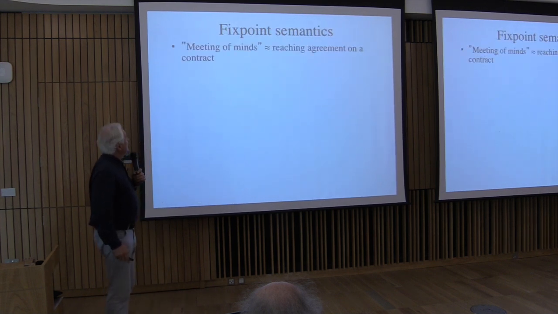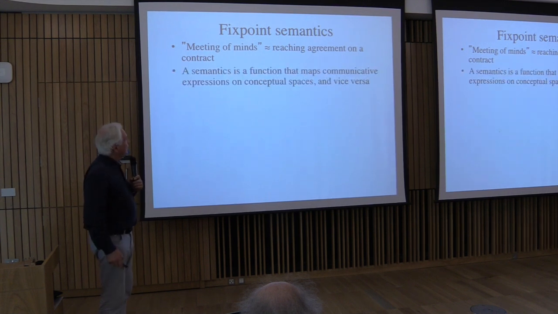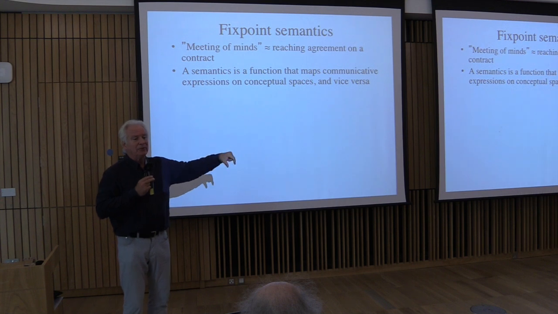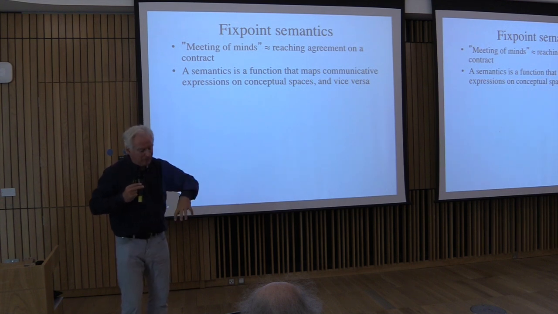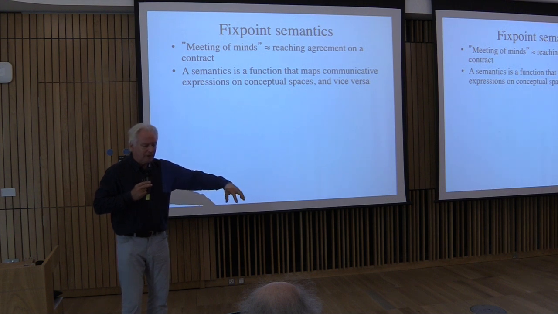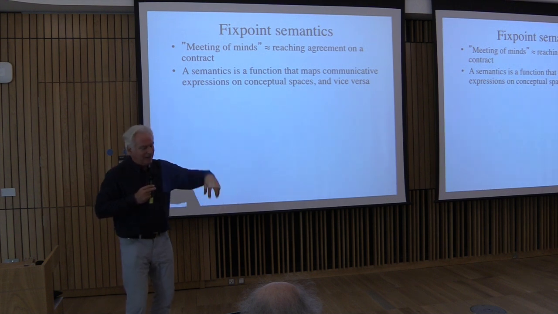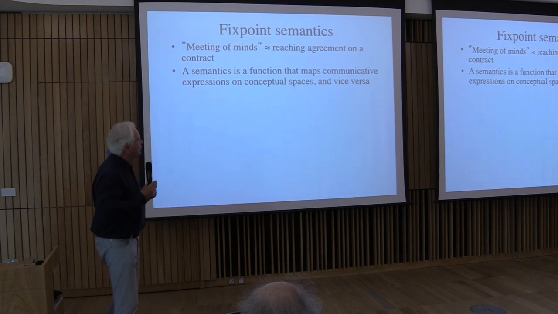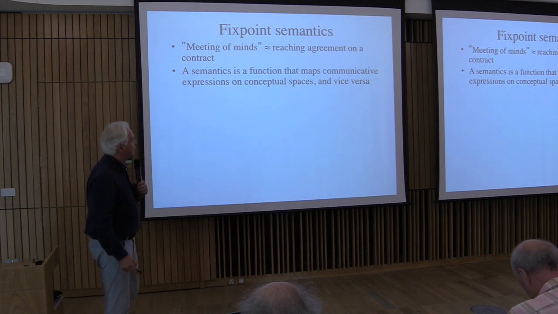So the fixed point semantics says that it's like reaching an agreement on a contract. A semantics is a product of these 2 functions. Mapping my impression onto a linguistic expression or some kind of communicative act, it could be pointing, and then mapping that back to some kind of content, again, a point in the conceptual spaces.